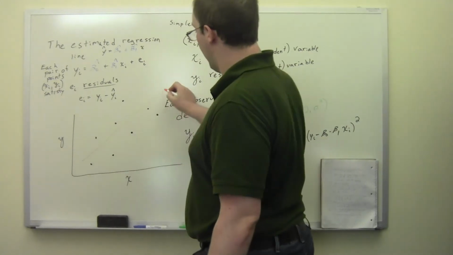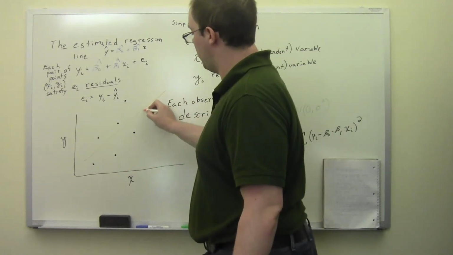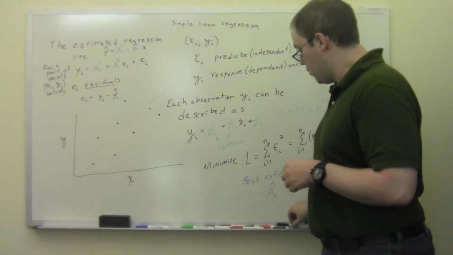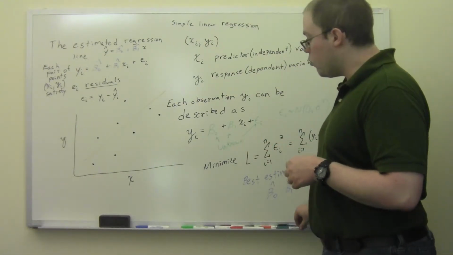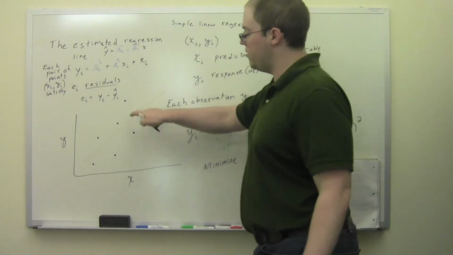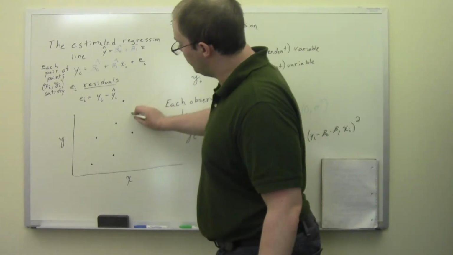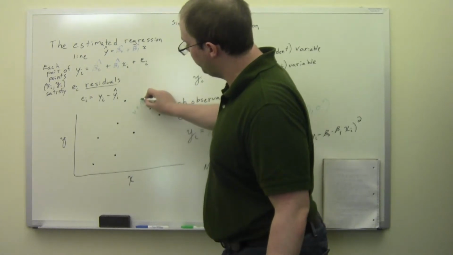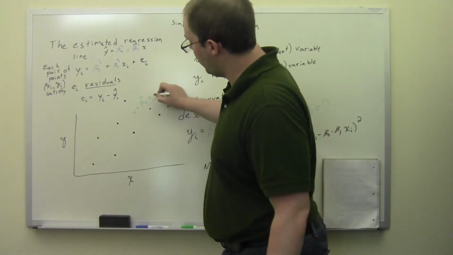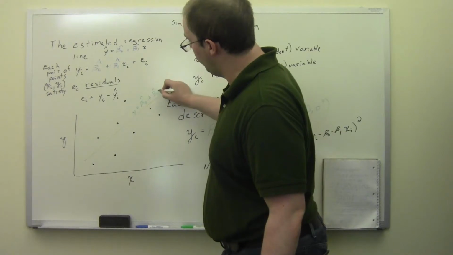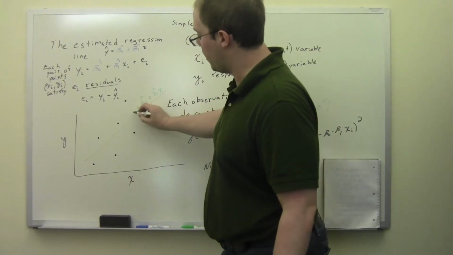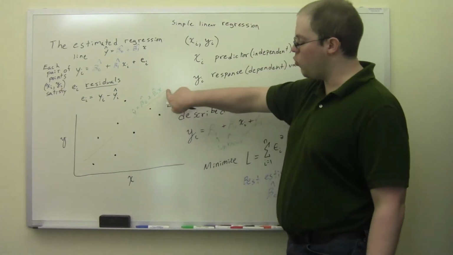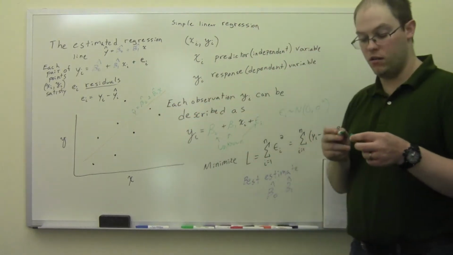So the best line through that data might look something like that. Now, the equation of this line is exactly y equals beta 0 hat plus beta 1 hat x. This is the equation of this best fit line.